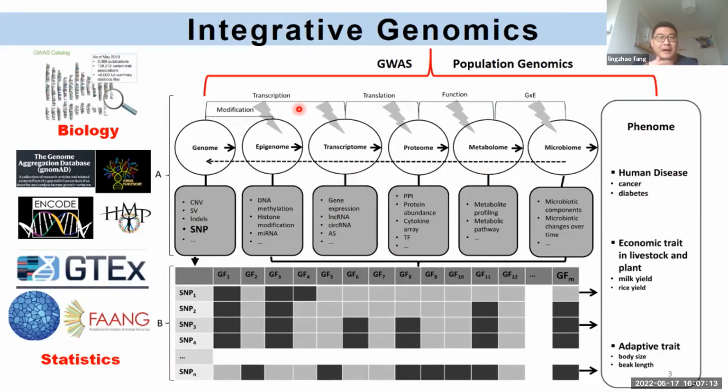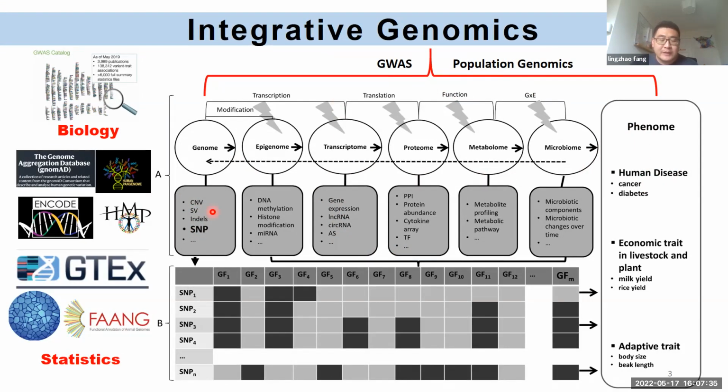So in the past almost 20 years, even in livestock more than 20 years ago, we started to look at the genetic variants associated with the complex phenotypes, using both linkage mapping or GWAS recently, or some population genomics.